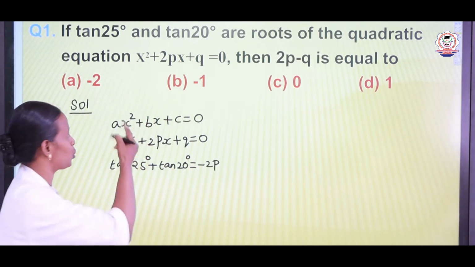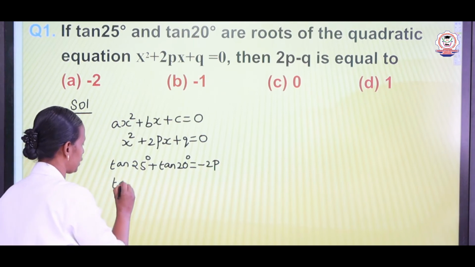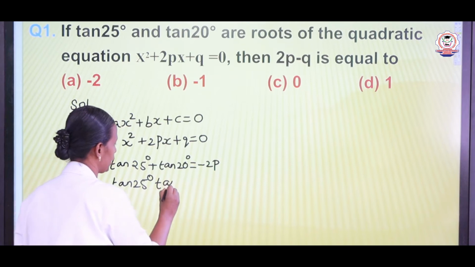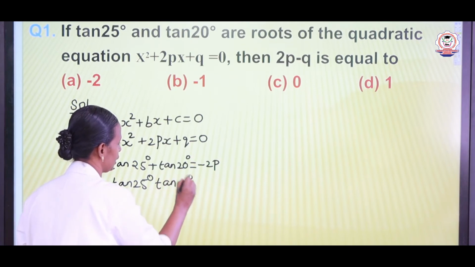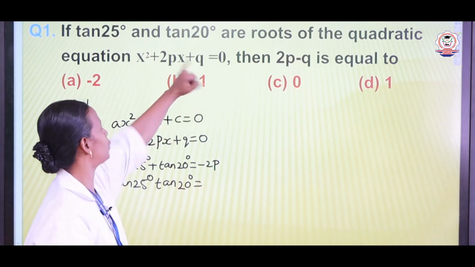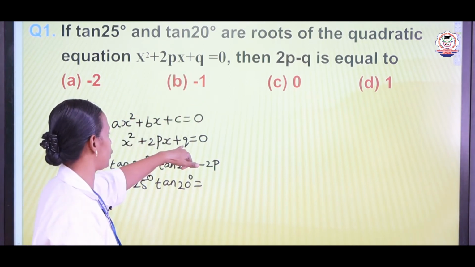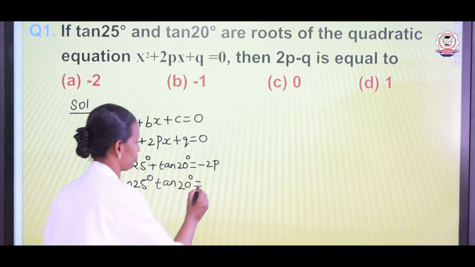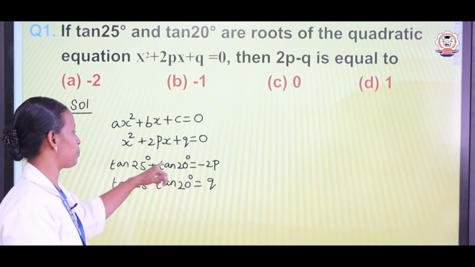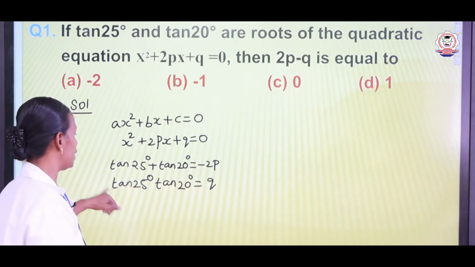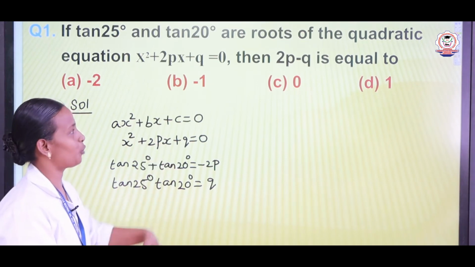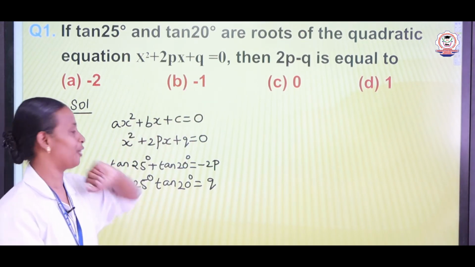And product of the roots, that is tan 25 degree into tan 20 degree equal to c by a. Here c value is q, a value is 1. So tan 25 degree plus tan 20 degree is minus 2p, tan 25 degree into tan 20 degree equal to q. Okay, now we are going to see the solution for this one.